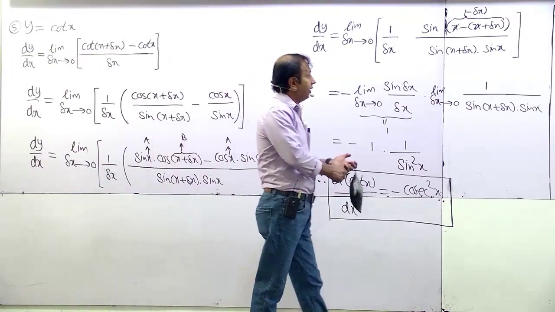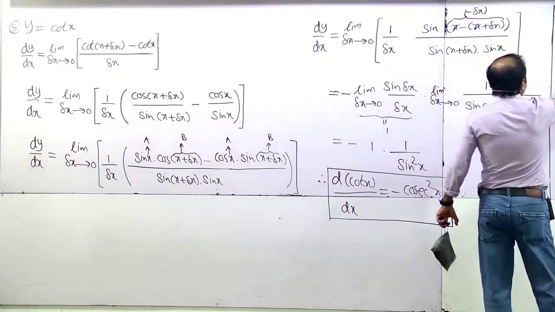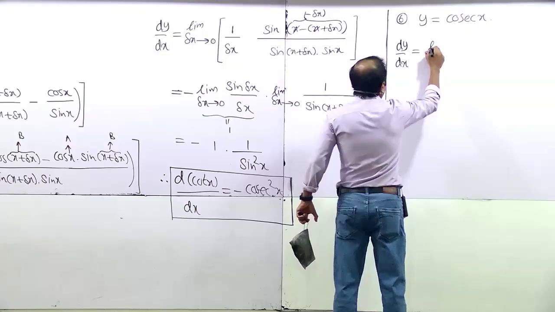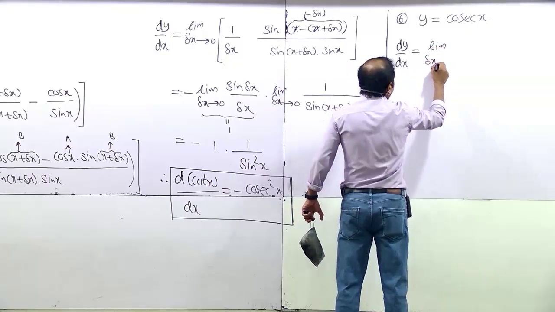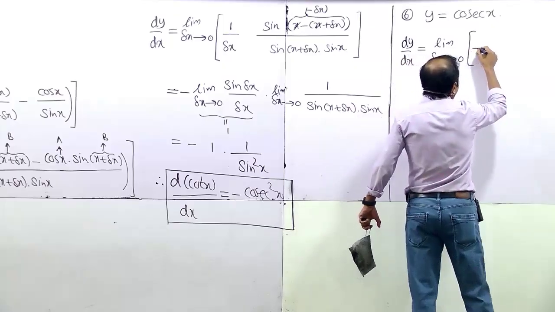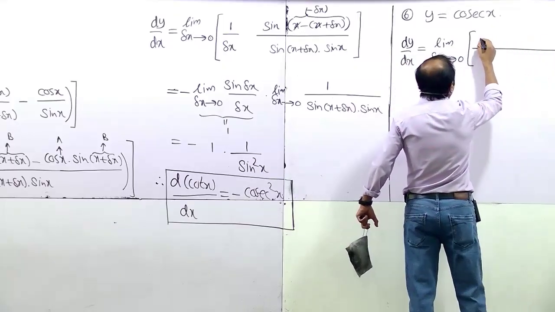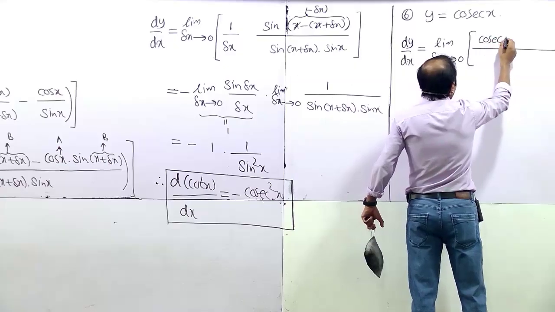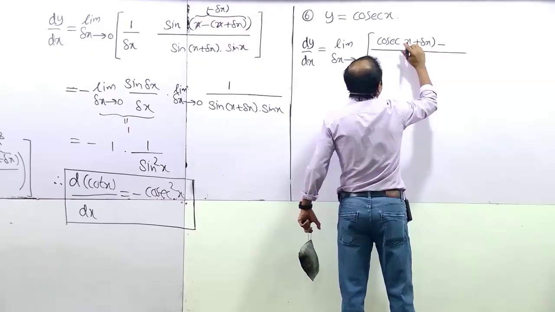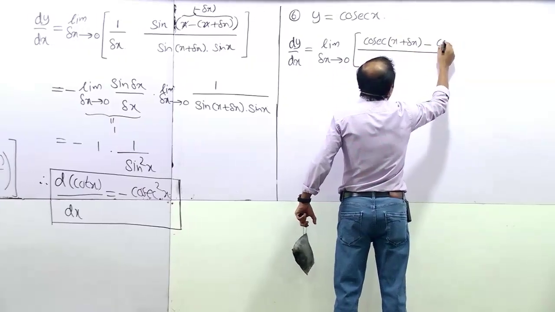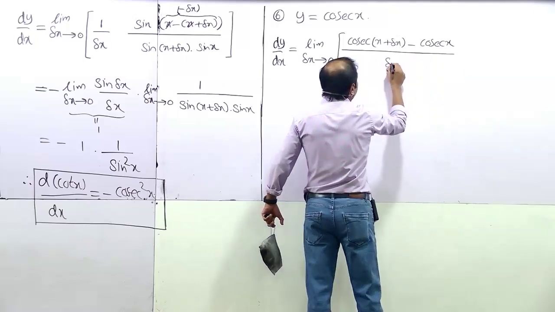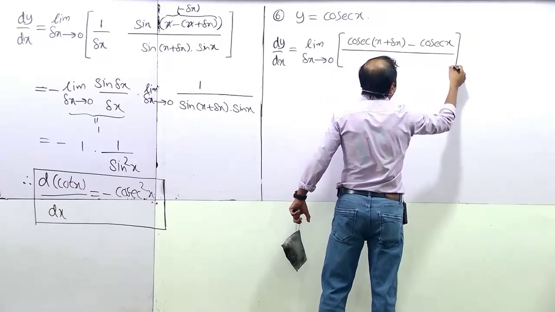Right, now we can write dy by dx. Limit delta x going to 0, cosec(x plus delta x) minus cosec x, divided by delta x.